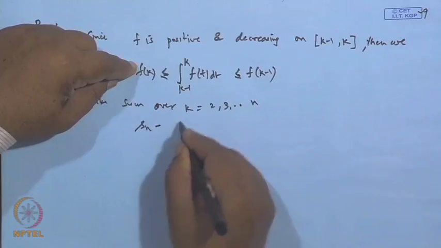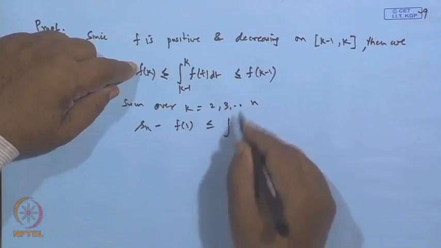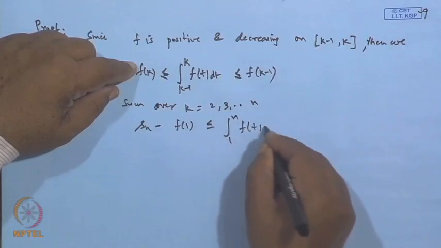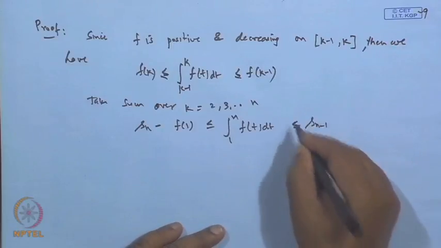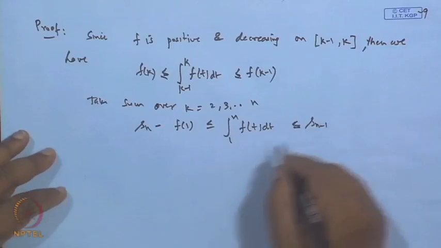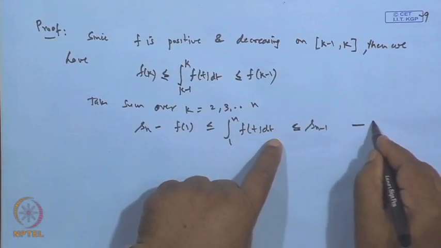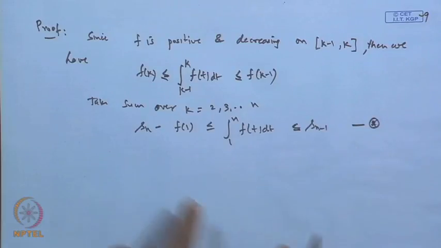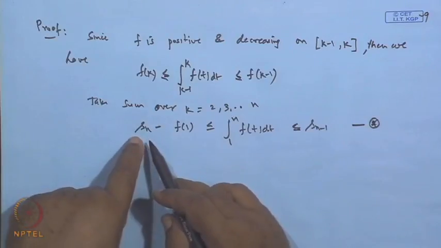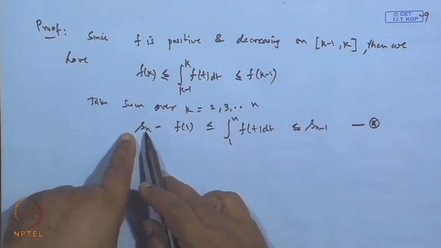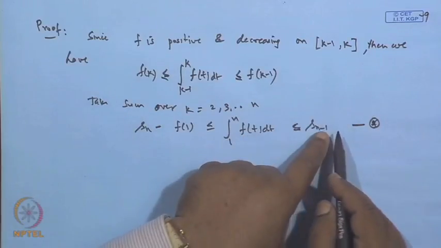So we get S n minus the first term f(1) is less than or equal to the integral from 1 to n of f(t) dt, which is less than or equal to S n minus 1. Call this star. From here, the nature of the limit of this integral depends on the limit of S n and vice versa. If the limit of S n exists, the limit of this integral will also exist. If the limit of the integral exists, the limit of S n will also exist.